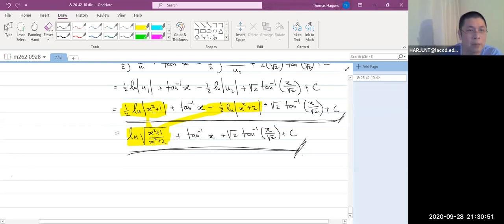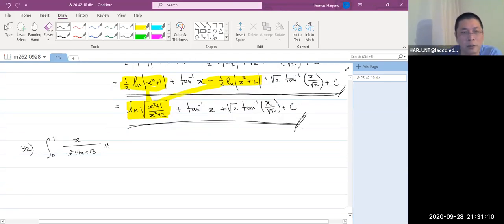Let's say, for example, number 32. Integral from 0 to 1 of x over x squared plus 4x plus 13 dx. What I will do, I will complete the square at the bottom.